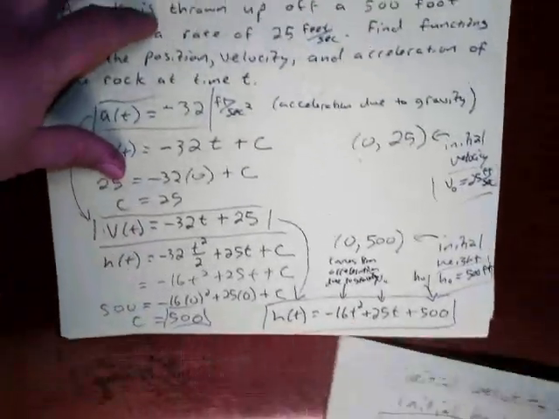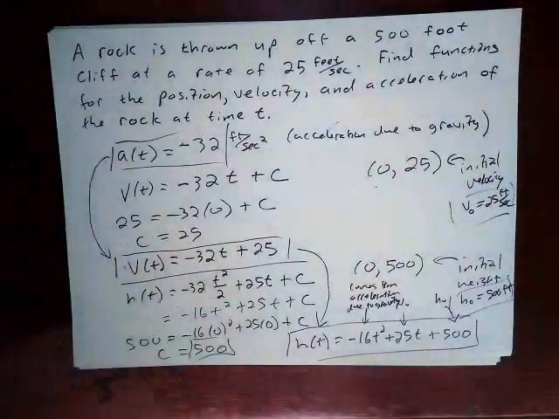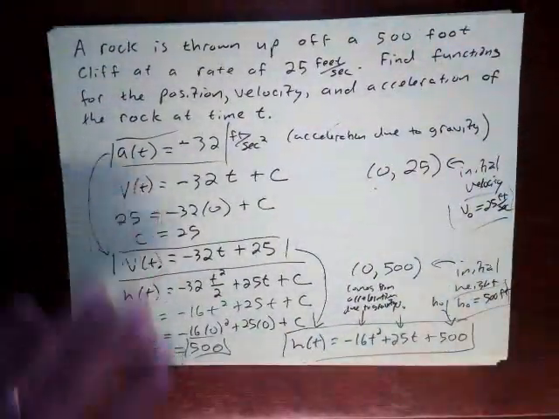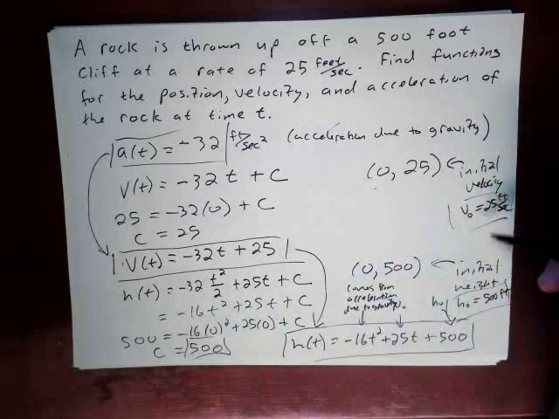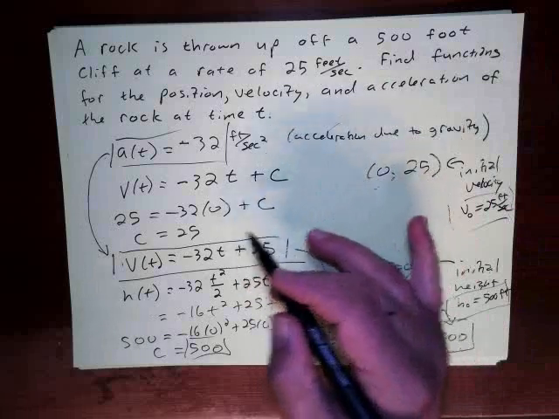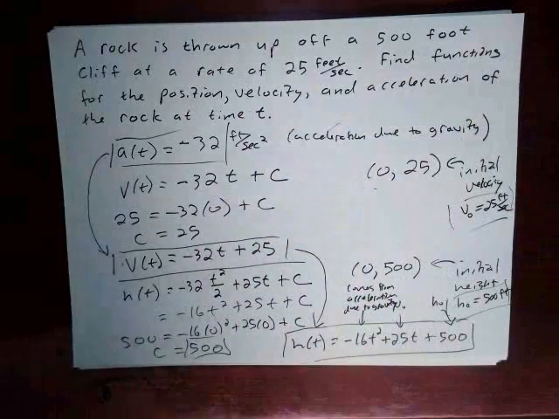It's because we're starting with a constant acceleration, because the only force acting on it is the acceleration due to gravity, and you have these initial conditions, and you're doing the antiderivative and solving for the initial conditions.